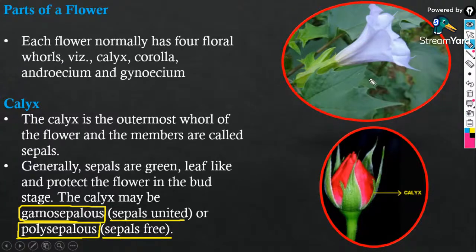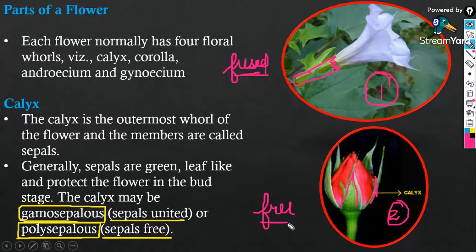Such a condition you will call the polysepalous condition. Look at the diagram, everybody. Sepals are fused, so diagram number 1 shown over here is gamosepalous. Look, the sepals are free, so in diagram number 2 shown over here, sepals are free.